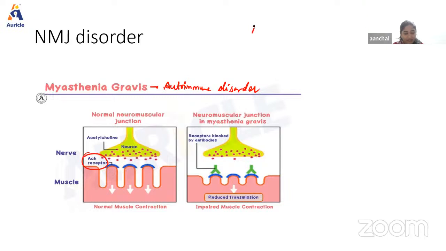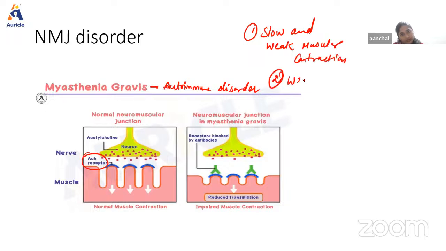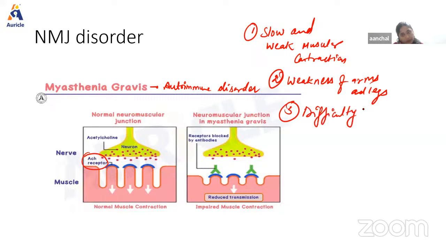So we have the signs and symptoms like slow and weak muscular contraction, then weakness of arms and legs, difficulty in swallowing, difficulty in speech.